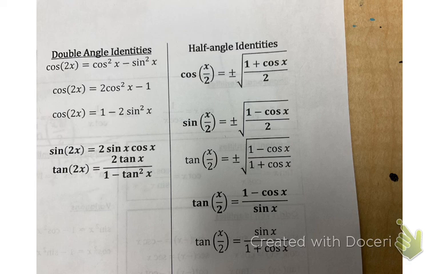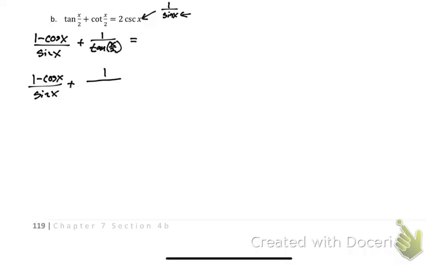So we're going to pick this sine x over 1 plus cosine x. And I'll show you why in a second. Because now I'm going to have 1 minus cosine x over sine x. I'm going to flip that other fraction because that's what 1 over it does. And I'll have 1 plus cosine x over sine x.